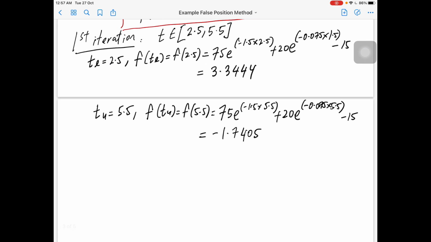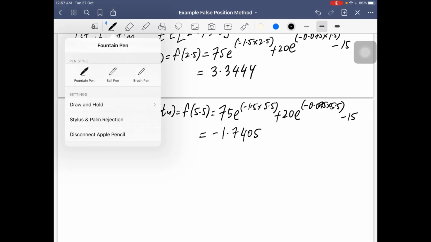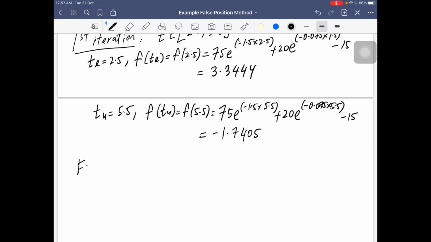Now we calculate the first root estimation for our time by using the false position method. By using the false position formula, let's calculate our TR.